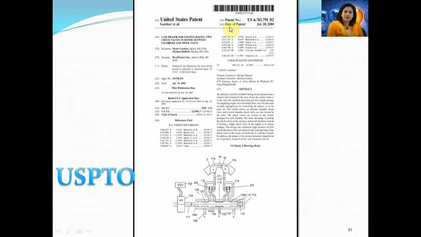Now here, since this picture shows a grant of a patent, you are directly getting a patent number starting with US, and date of patent is also given over here, and the abstract and all the details are mentioned with the total number of claims and everything, including the drawings of the patent, is also provided in the granted patent.